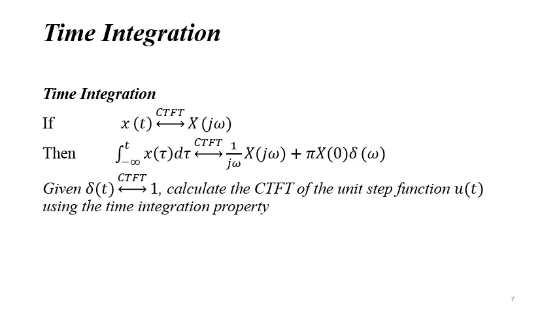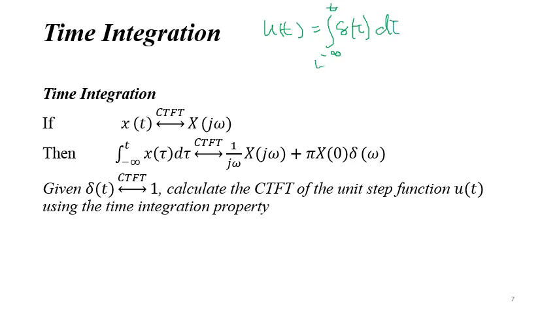So to find the Fourier transform of the step function, we use the relation, and you know the step function equals the integration from minus infinity up to t of the impulse of tau d tau.